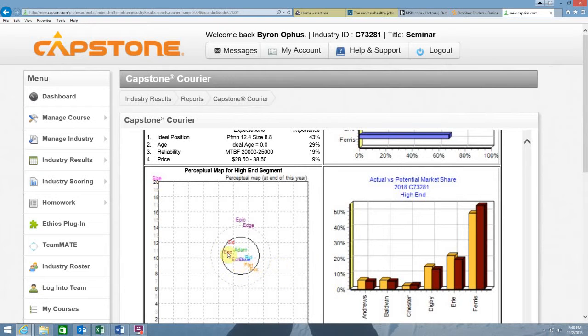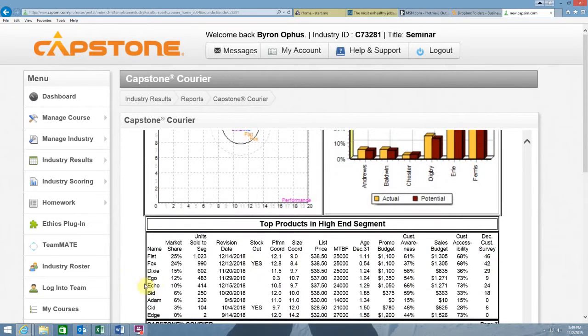Erie has two products too, but not nearly as well positioned, and it's difficult at this point to move those up to be competitive without doing what Baldwin did and getting that revision date out too far. But three teams there. Dixie's in pretty good place, so three teams there really competing for the high end.